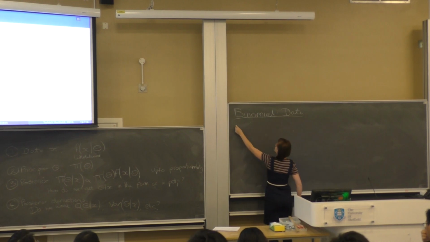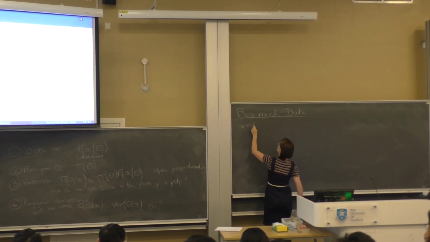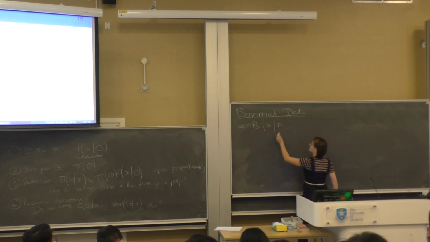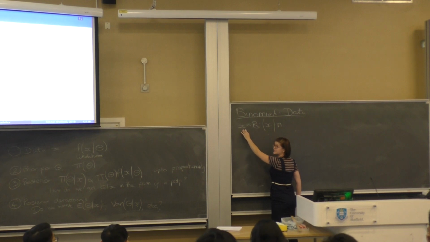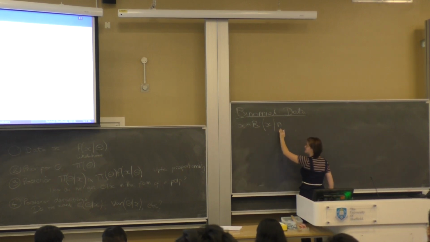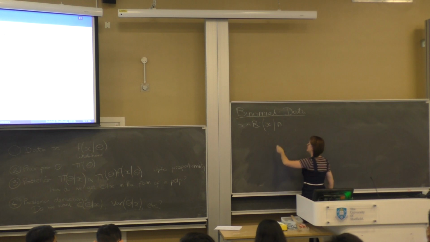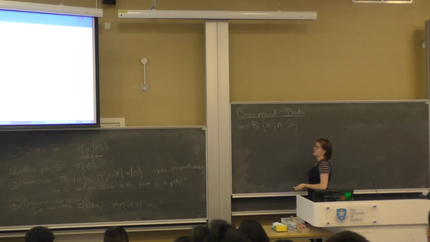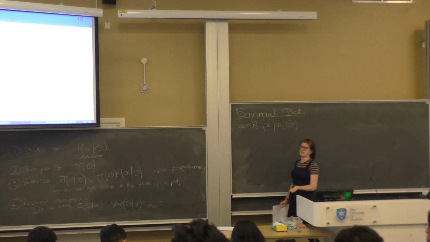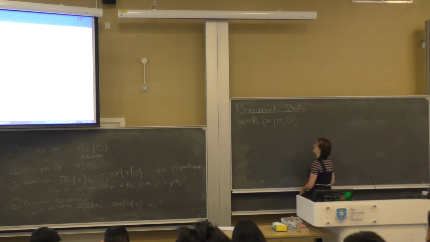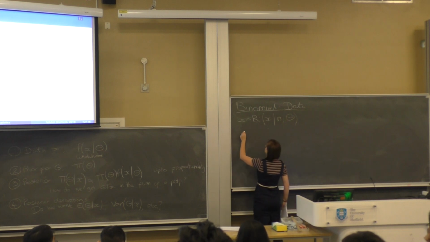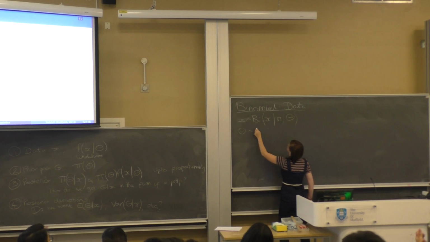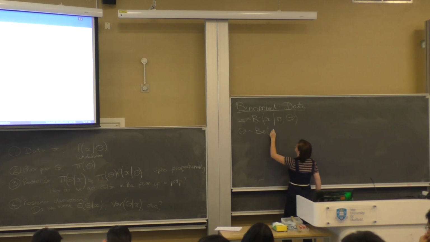So we started off with data that was binomial, where we observe some X number of successes out of n trials, where we could just have a success or a failure in each of those n trials. And we want to learn about this parameter theta that describes the probability of a success. And I told you that the conjugate distribution for our prior in this case is a beta distribution.